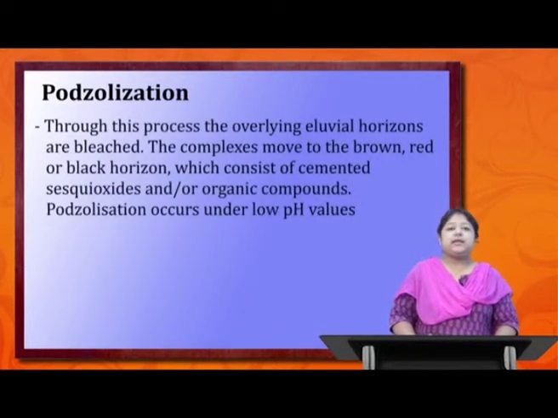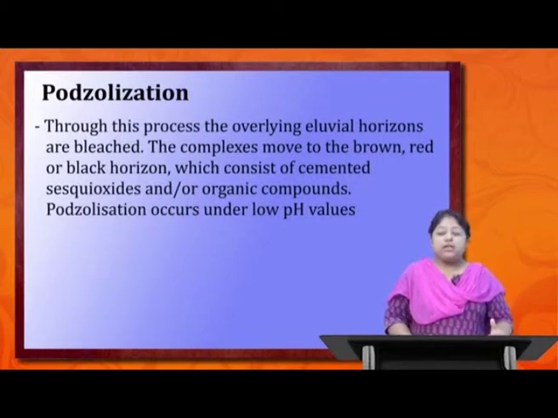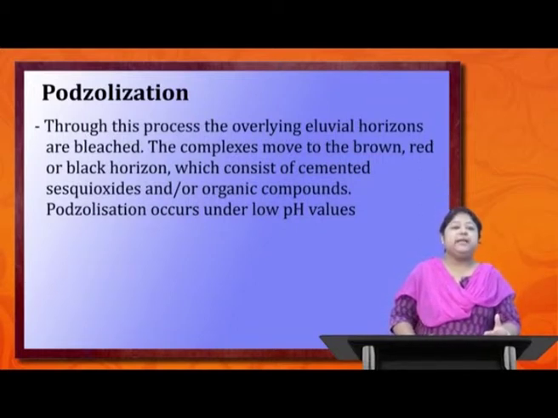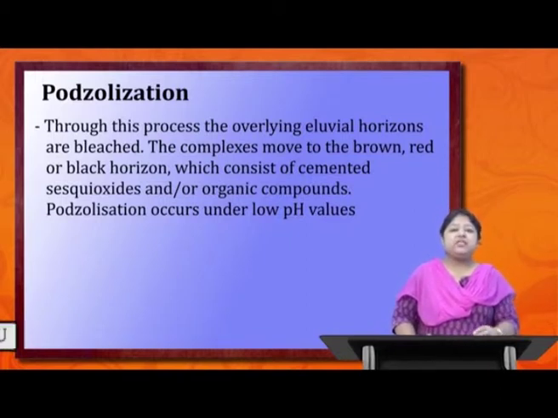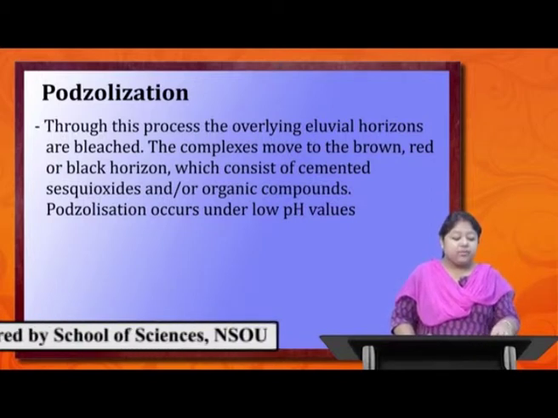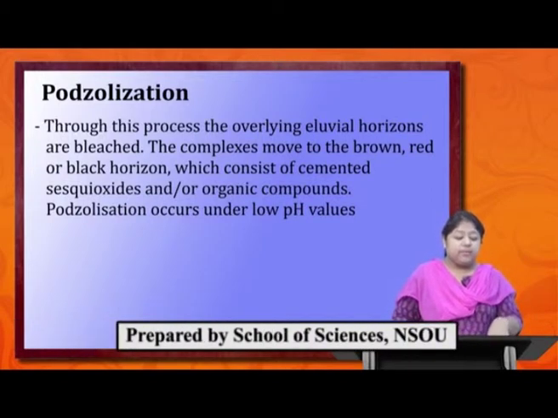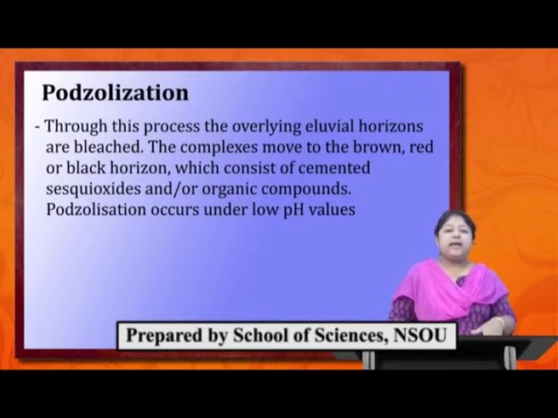Now, through this process, what happens? The overlying eluvial horizons are bleached. So, we have a white grayish layer. You can see in a podzol soil, there is a bleached layer because from the eluvial zone, the minerals have been leached down to the next zone where it has been illuviated.